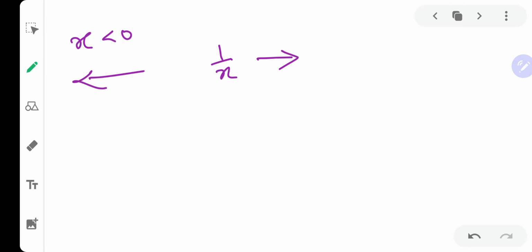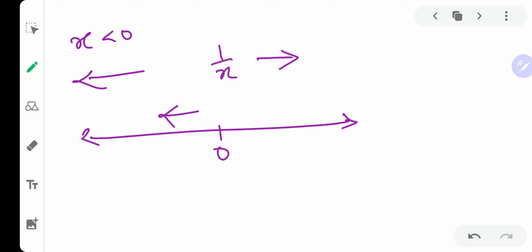Because as you are moving to the left hand side of 0, the value of x is reducing in the negative sign. Hence 1 by x is increasing, and that is why e raised to 1 by x is also increasing.